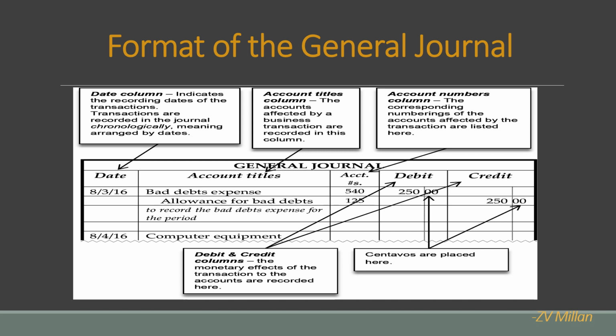So, the debit amount for each transaction that we record is recorded in this column. While the credit side, iyon naman yung ginagamit natin in order for us to record the credit amount for each account that is entered in this column. So, this is the typical format of the general journal.